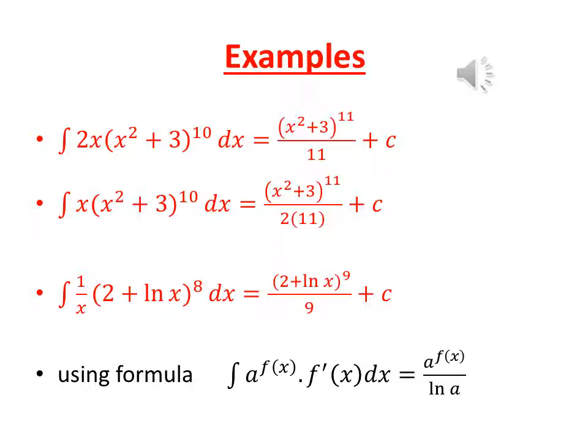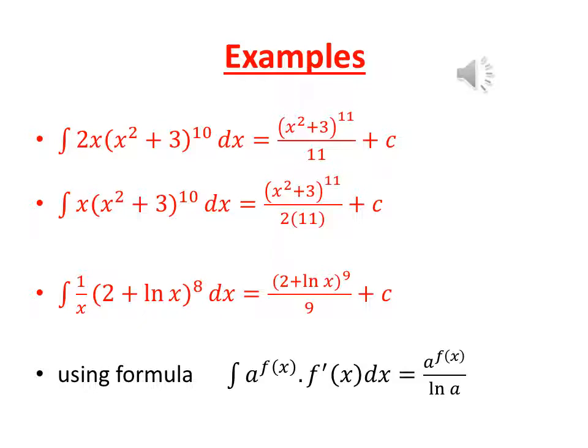Remember, the integration of brackets power n times the derivative of what is inside the brackets is equal to the same brackets, but the power increased by 1, divided by the new power. Look at the second example: integration of x times x squared plus 3 power 10. What's the difference between this example and the last example?